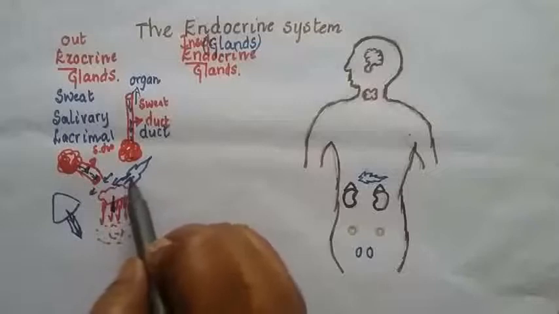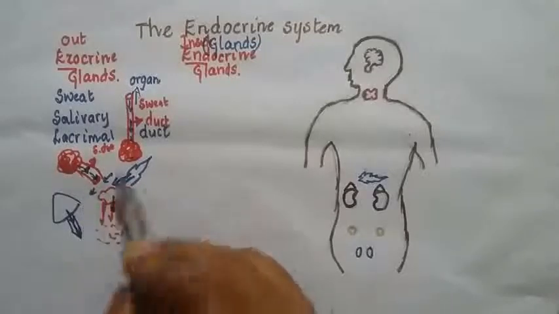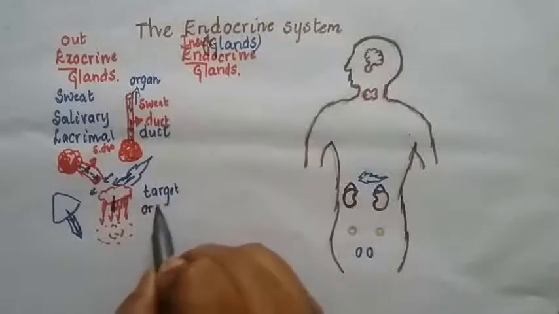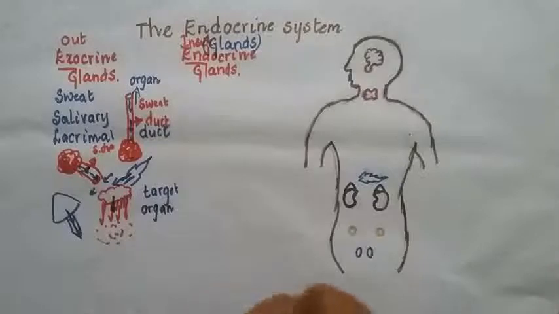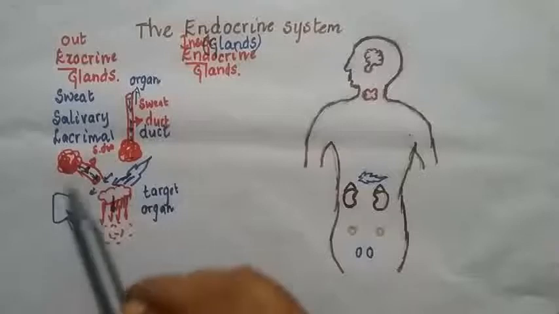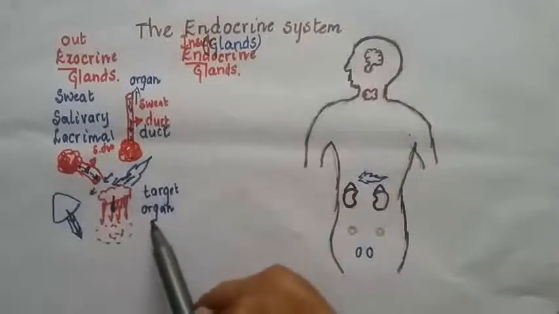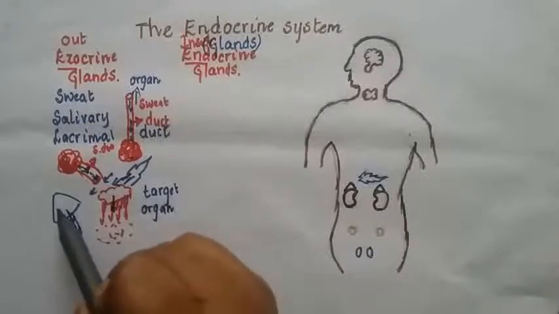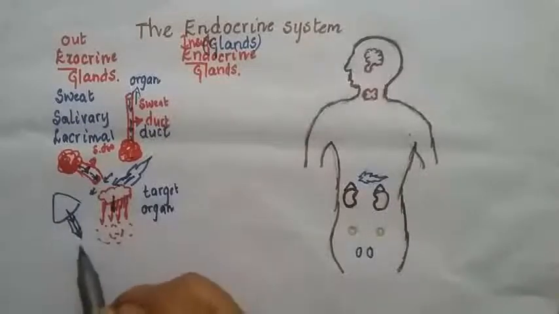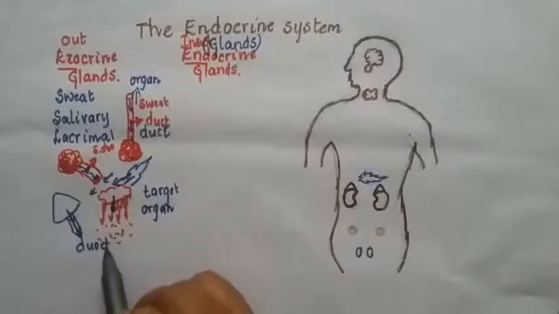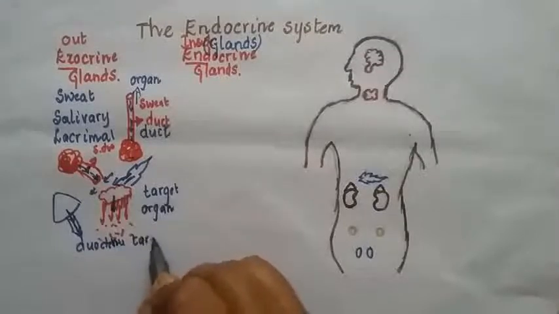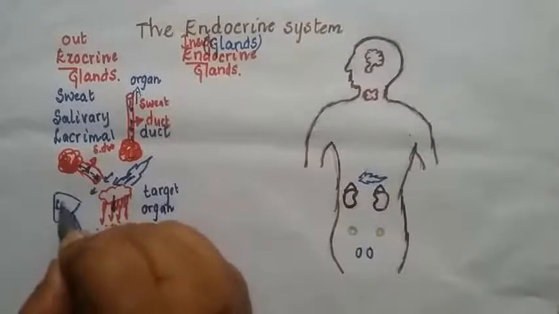Now, this organ to which the pancreas secretes the pancreatic juice, I can name as a target organ. So, what is the meaning of a target organ? The organ into which the secretions are poured. So, for the pancreas, the target organ is the duodenum, which is very close to the pancreas. In the same way, the liver secretes bile juice into the duodenum, which can also be named as a target organ, which is close to the liver.